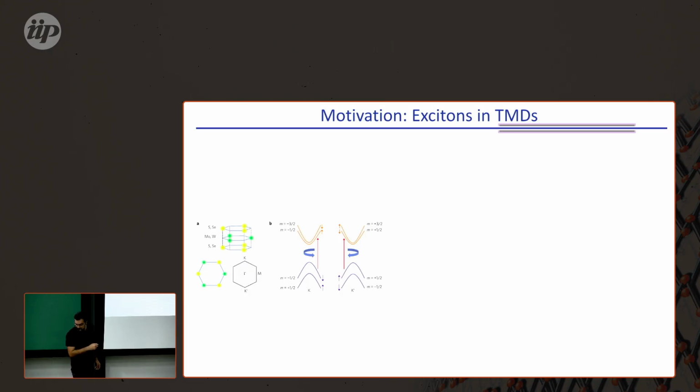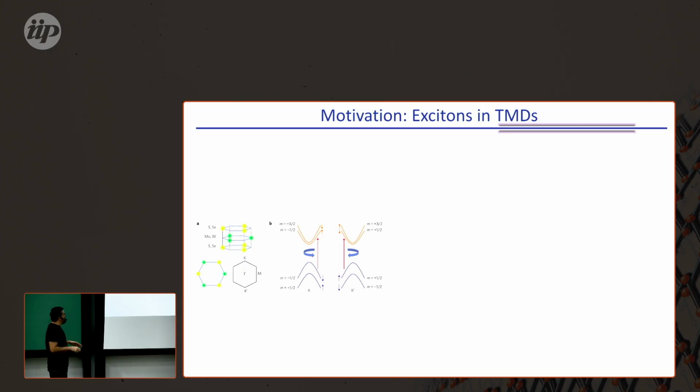It has spin valley physics and different selection rules for K and K prime valleys. So it's like graphene, but with spin-orbit coupling.